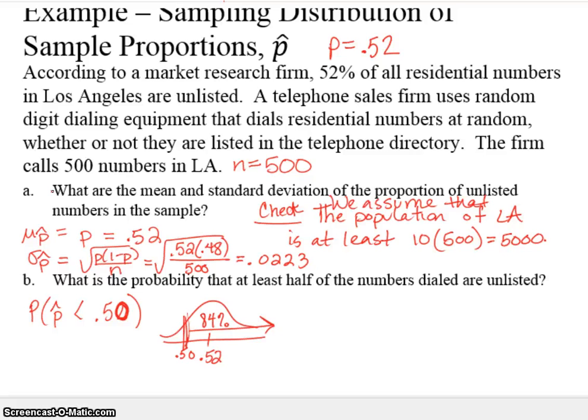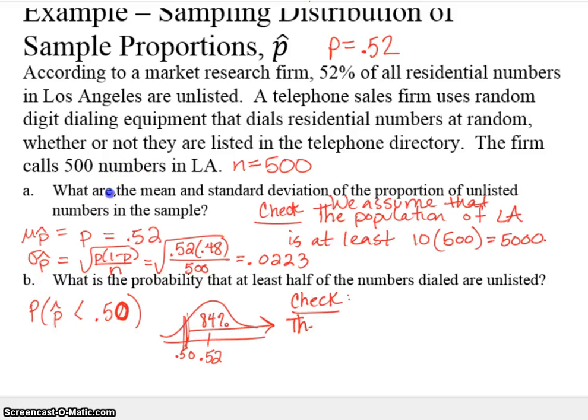But to do that, go back to what we talked about. Our other rule of thumb is we can only say this is approximately normal if n times p is greater than or equal to 10 and n times 1 minus p is greater than or equal to 10. So here's how we're going to check that.